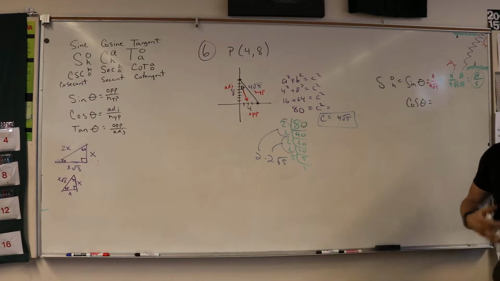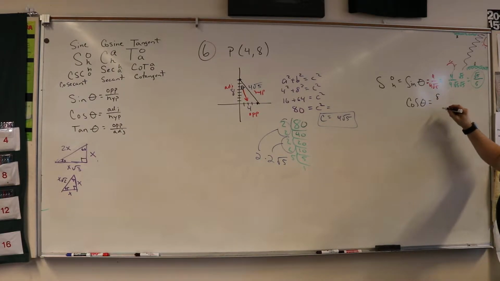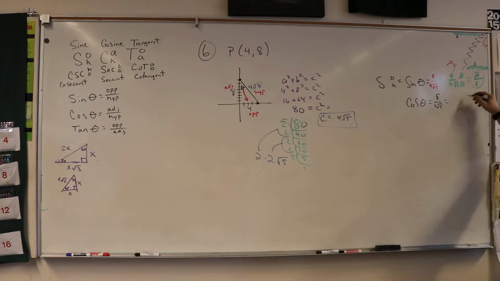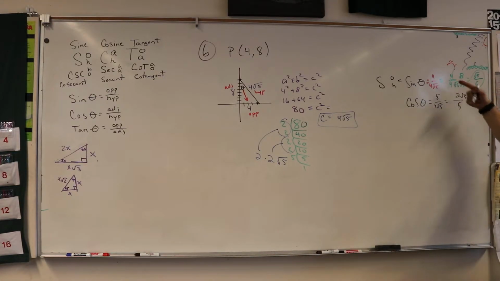What about cosine? Cosine theta is adjacent over hypotenuse, right? What's adjacent? 8 over 4 square root 5. So again, this is just going to turn into 2 square roots of 5 over 5. How did I get that? I just said basically 4 goes into 8 twice.